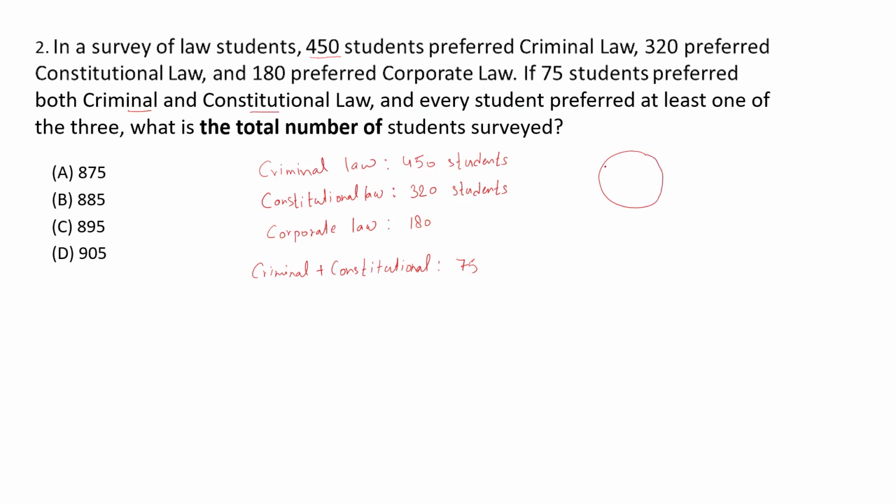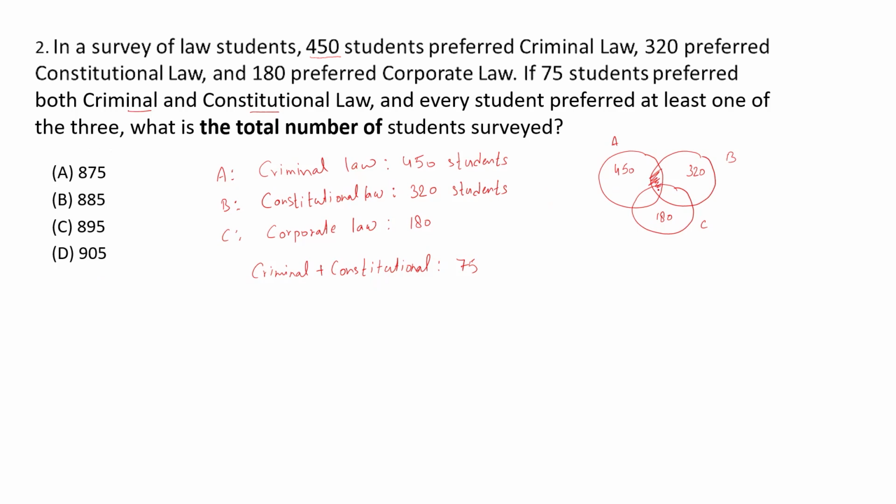This one is criminal, let's say this one is A. This one is B, and this one is C. So this is A, B, and C. How many students are interested in A law? It is 450. How many interested in B, that means constitutional? It is 320. How many interested in corporate? It is 180. And then how many interested in criminal and constitutional, that is A and B?